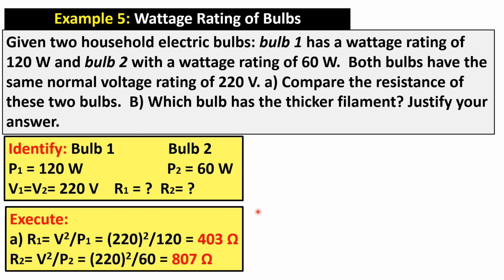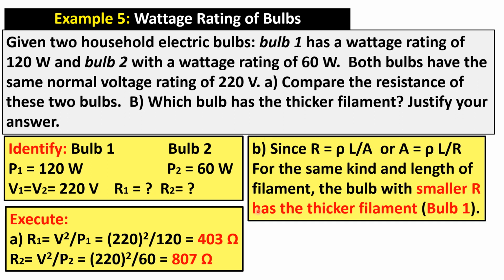Now, in answering letter B, we just make use of the relation of resistance, big R, to properties or quantities such as the length of the filament and the thickness of the filament, expressed as its cross-sectional area.